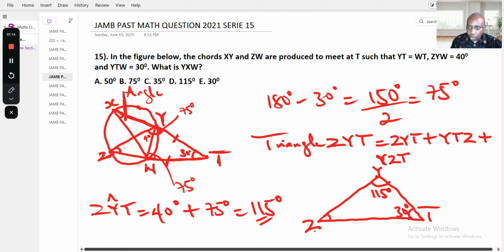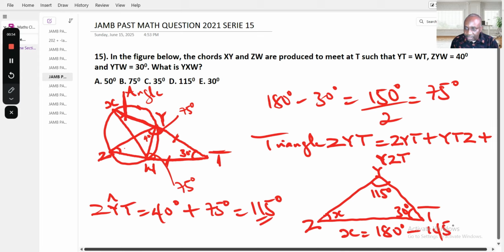Let me open another page. Okay, I can still manage here. Therefore, 115 plus 115 plus 30, then x is going to be 180 degrees minus 145 degrees. It is going to give us what? 35 degrees.